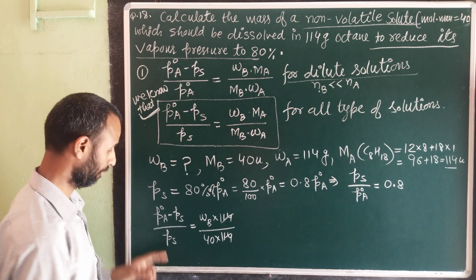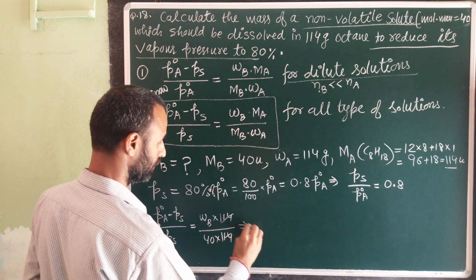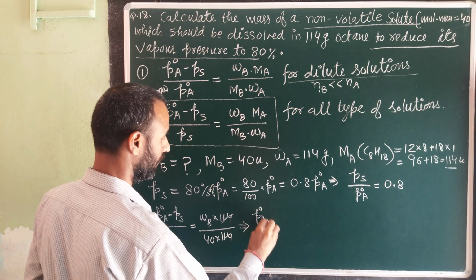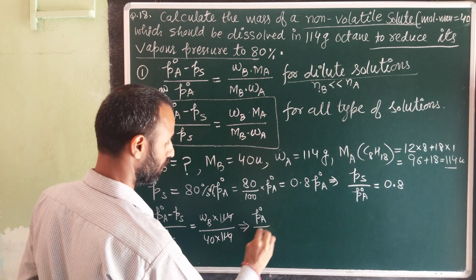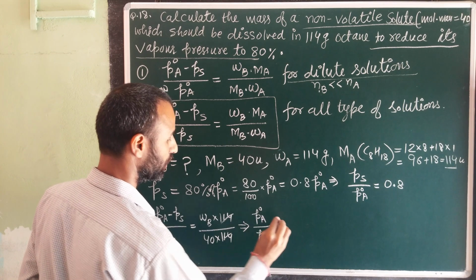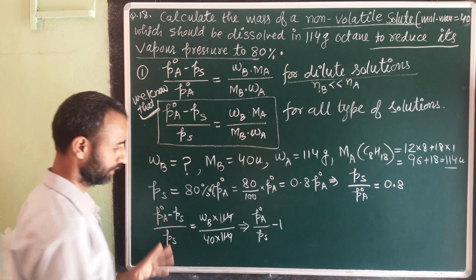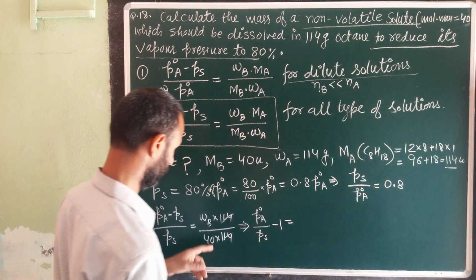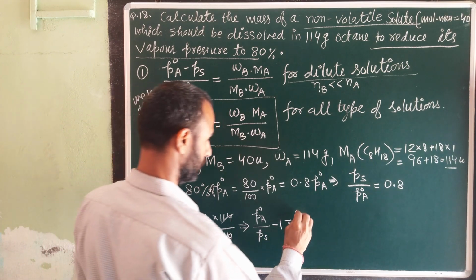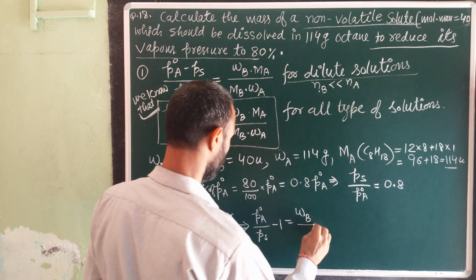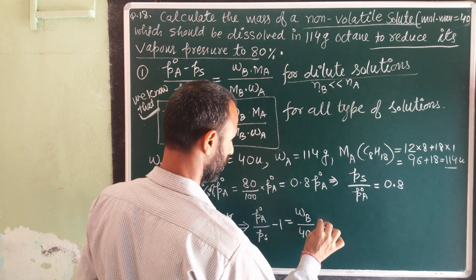Cancel. It becomes P naught A over PS minus 1 is equal to WB over 40.